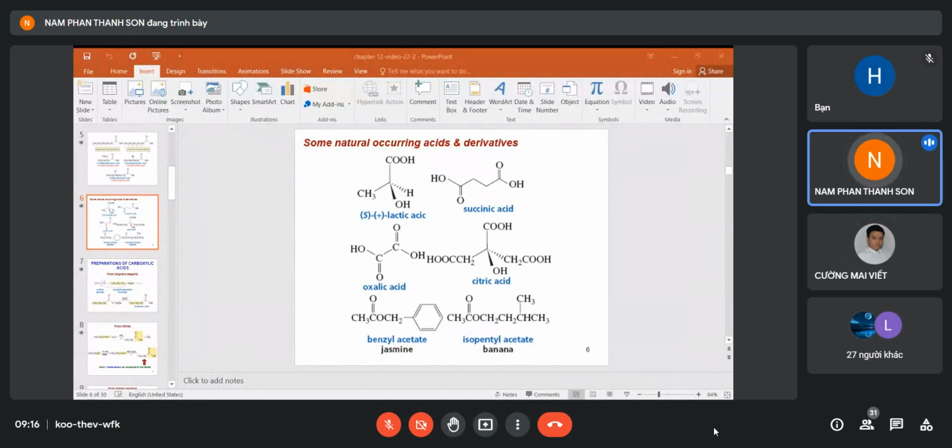The second method, I think, is hydrolysis of nitriles. Nitrile, C triple bond N, and hydrolysis of nitrile. Good.